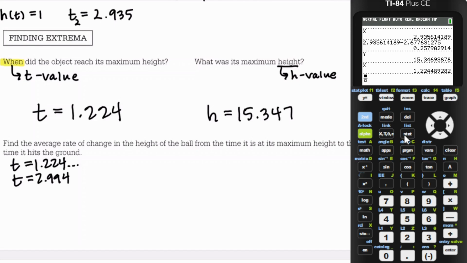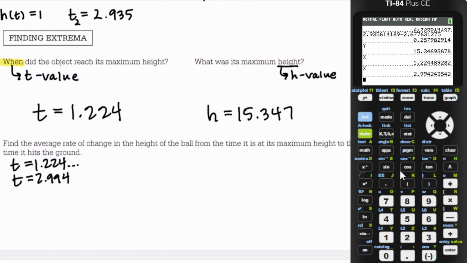Oh no, now I've got a fraction bar. That's not what I need. All right, yeah, that'll be better. Now I'm going to store that number using STO into A, because that was kind of my beginning point. And then the time it reached the maximum, that 1.224 number, I'm going to store into B.